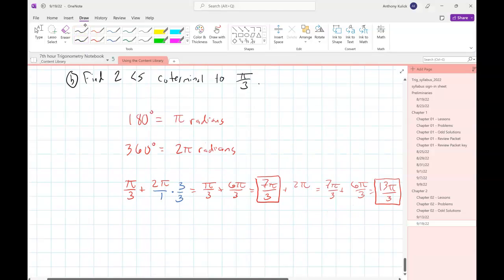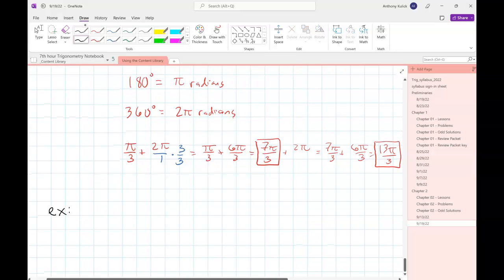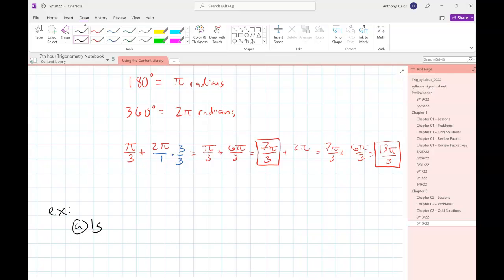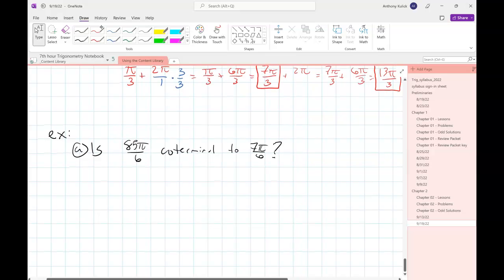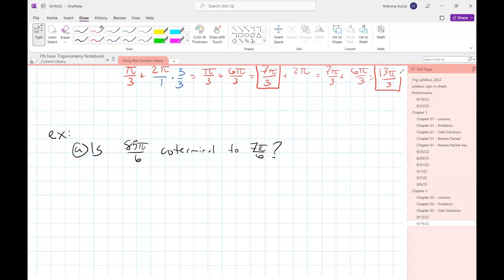Okay. One final example. So what if I ask you, is 85 pi over 6 coterminal to 7 pi over 6?